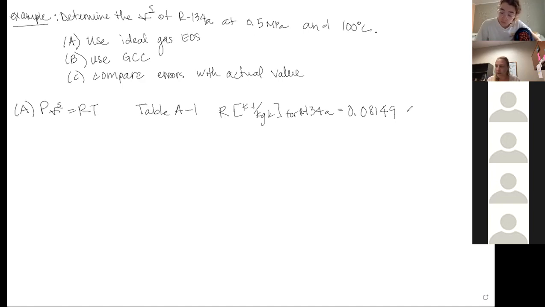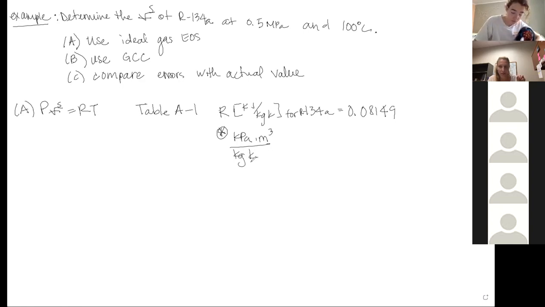All right. Can somebody confirm to me these are the same units at the top of your table? Okay, great. Then there should be a little asterisk down at the bottom of the table that says the units kilojoules per kilogram Kelvin is equivalent to kilopascal cubic meter per kilogram Kelvin.